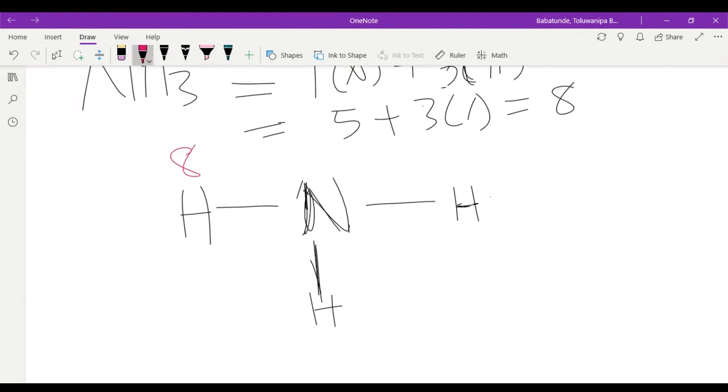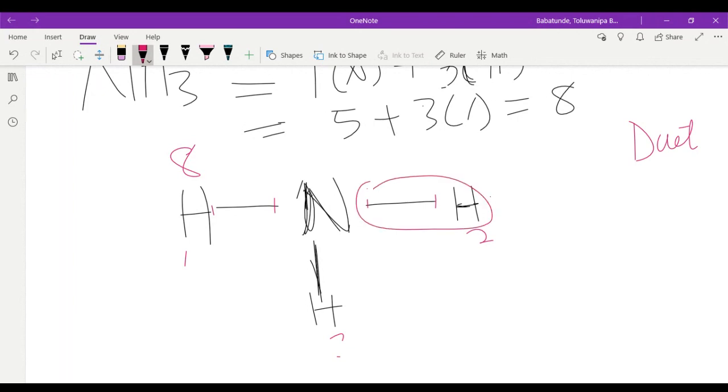So if you look at the hydrogens here, this is my hydrogen number 1, 2, and 3. How many electrons do we need to make hydrogen happy? None, because hydrogen, remember, is looking forward to be a duet. It's not looking forward to be an octet. This is 1 electron here, this is another one, which is 2. So hydrogen is okay. The same thing goes for hydrogen number 2, which already has 2 electrons.